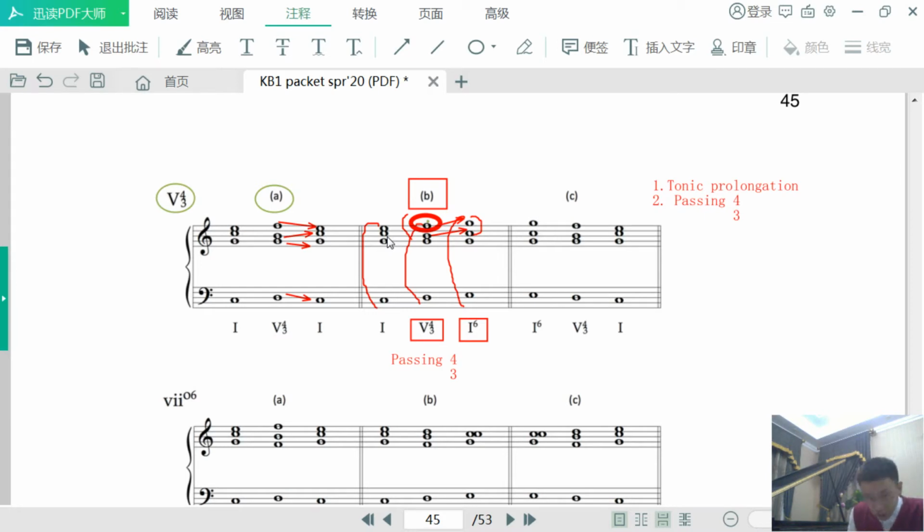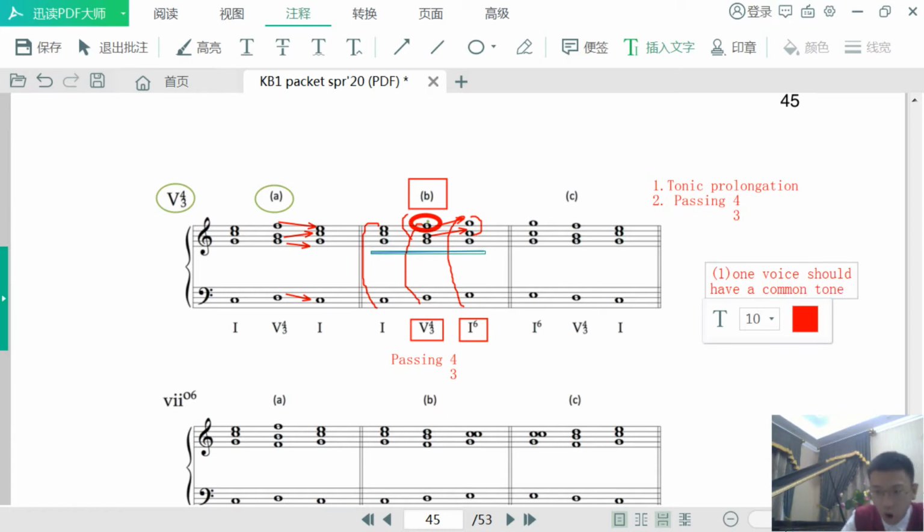There are two conditions that we must remember. First, one voice should keep a common tone. I will write the two principles. One voice should have a common tone or keep a common tone.